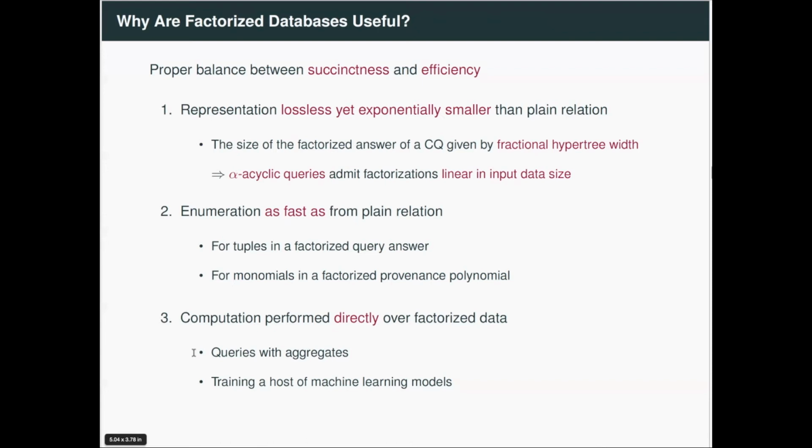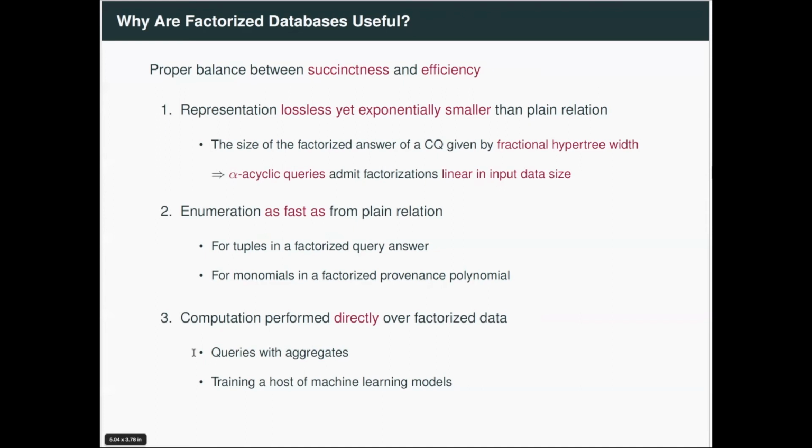This considers a generalization of this width measure from Boolean to conjunctive queries. In the particular case of alpha-acyclic conjunctive queries, there are factorized representations whose sizes are linear in the size of the input database. As already mentioned before, they also admit enumeration with constant delay. This is effectively as good as enumerating from a list of tuples, like from a plain relation. The fast enumeration applies to both the monomials in the provenance polynomial of a query answer and to the tuples in the query answer.